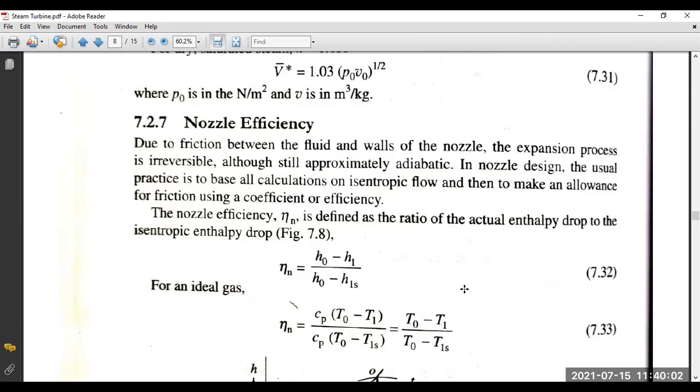pressure, which is the pressure when the fluid is stagnated, is a reference state in compressible fluid flow, designated with the subscript 0. It is a reference state. From this state, H0 means enthalpy at the stagnation, T0 is the temperature at the stagnation, like this.